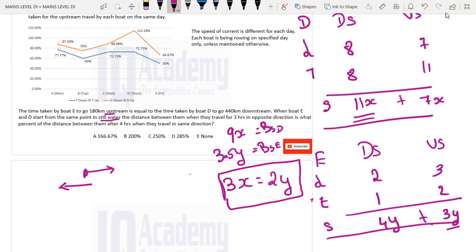When both E and D start from the same point with just the boat speed, the distance between them when they travel for 3 hours in opposite directions is what percentage of the distance between them after 4 hours when they travel in the same direction.